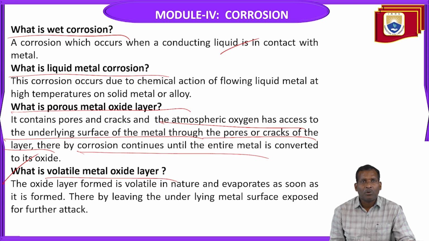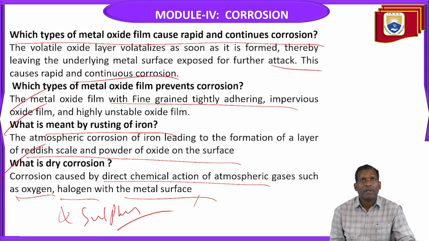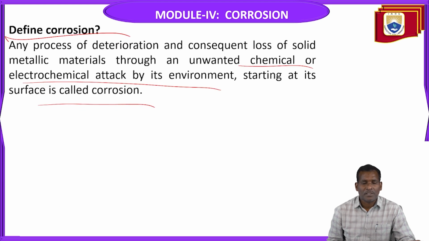Clear? So wet corrosion and liquid metal corrosion, volatile metal oxide layer, and types of metal oxide film that cause rapid continuous corrosion. All these things we have studied. This material is more than sufficient for the corrosion topic. What is dry corrosion? Definition of corrosion.